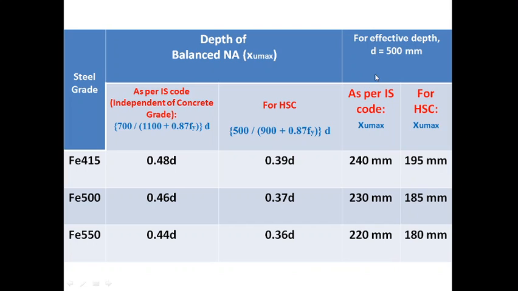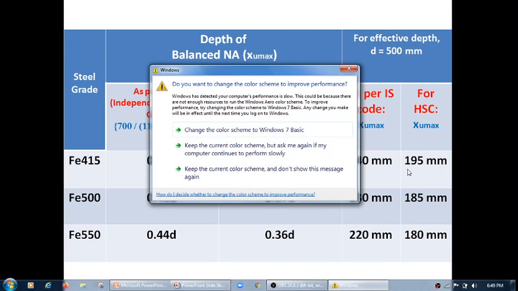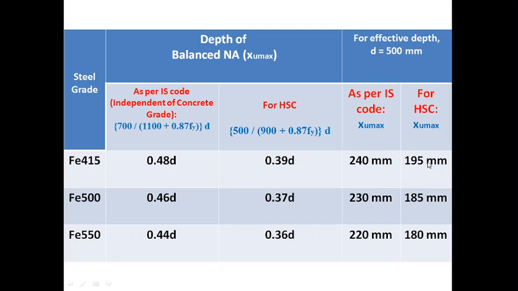That means, suppose I have a rectangular beam of effective depth 500 mm, then as per IS code, if my actual depth of neutral axis is more than 240 mm for Fe415 steel, then it will become over reinforced. Up to 240 mm the depth is permitted, but for high strength concrete, as per our discussion, it is limited to 195 mm. That means if the depth of actual neutral axis exceeds 195 mm, then it will tend to become over reinforced. Similarly, the same discussion can be done for Fe500 and Fe550.